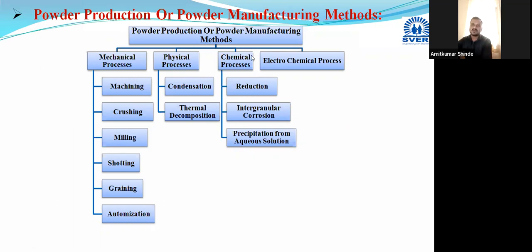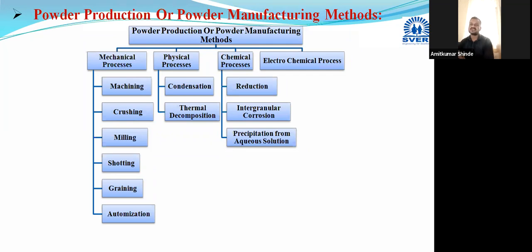So all the powder particles manufactured with these three processes, machining, crushing and milling, require an annealing heat treatment process: heated to a higher temperature, held there for some period of time, and then cooled in the furnace itself.